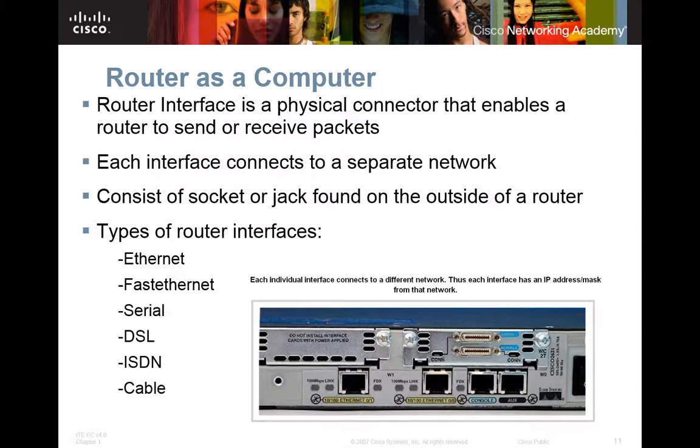Here's what we call management interfaces right here, your console and your auxiliary ports. They're usually side by side. Console will always be blue. Why? Because the console cable or rollover cable is blue. Makes sense, right? Black is your auxiliary. Your Ethernets will always be yellow. Your WAN connections will always be in this bright blue.